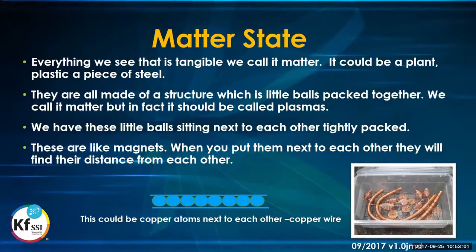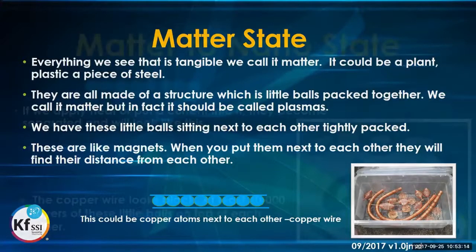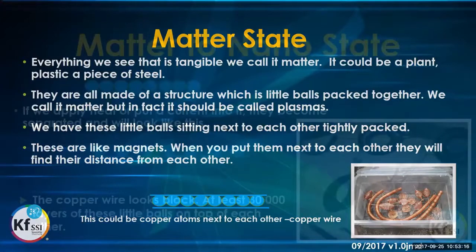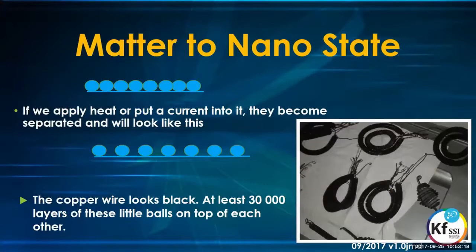And if you have a look at that picture at the bottom there, it could be copper atoms sitting next to each other on a copper wire. So when we go from the matter state to the nano state, if we apply heat or we put a current into it, if we apply heat through the caustic environment, it becomes separated and will look like this.